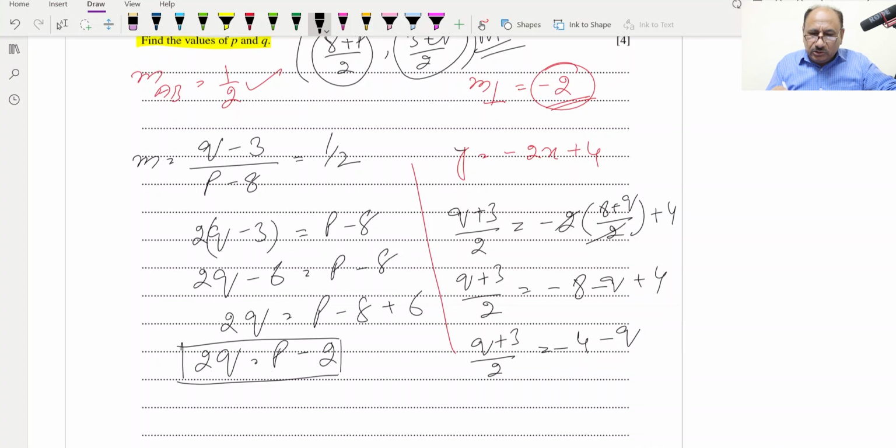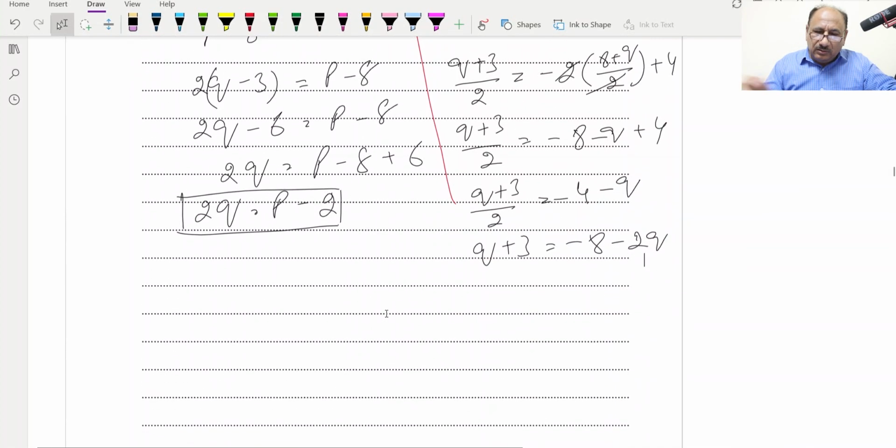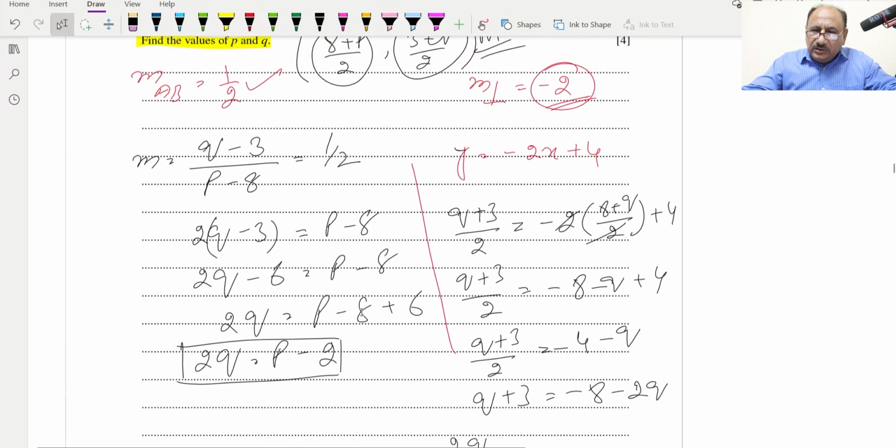Minus 4 and minus q, then 2 we can shift to the side, so q plus 3 is equal to minus 8 minus 2q, and we can rewrite it as, basically, 2q we can shift to this side, so 2q is equal to... this is basically, we have made a mistake. This should be 8p over here.